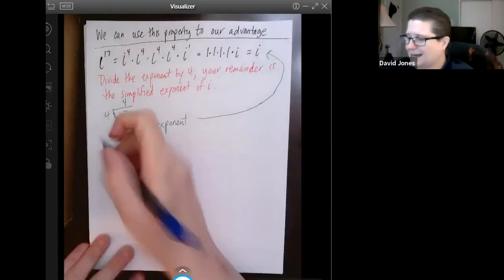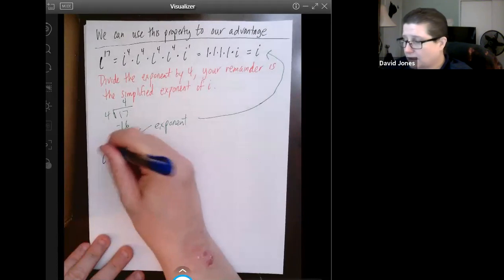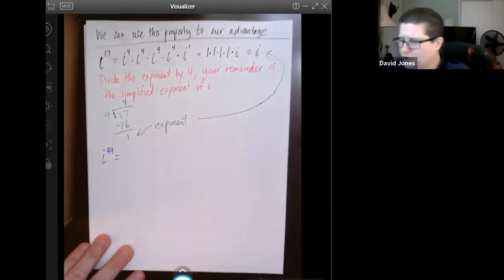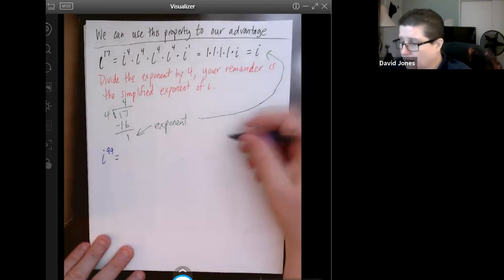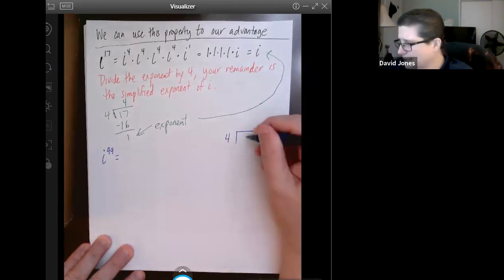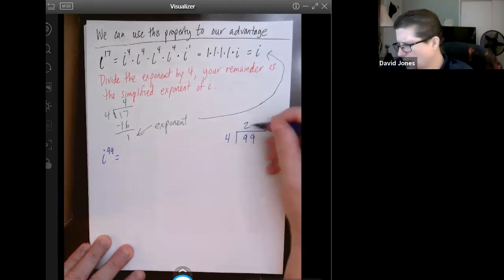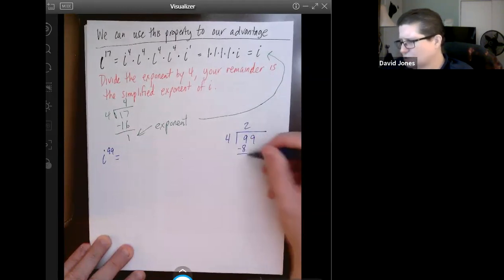Well, what if I had like i to the 99th power? Do I really want to break out i's 99 in sections of 4 till I get to 99? No. Let's do 4 into 99. That goes in twice. 2 times 4 is 8. I'll subtract, I get 1.